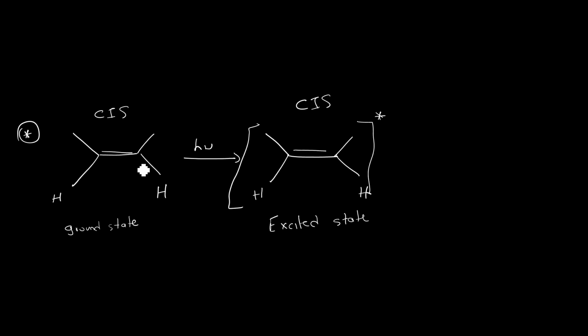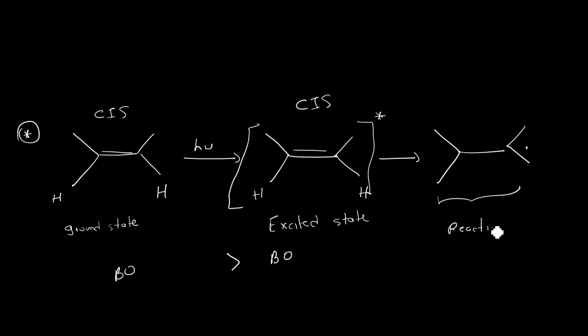When this excitation happens, when you draw the molecular orbital diagrams, which we have done in our previous video, the bond order for this pi bond in the excited state is lower compared to the ground state, which means in the excited state you have a weaker pi bond. This weaker pi bond can result in reactive intermediates. It can be radicals or react with another substrate, whatever. These are reactive intermediates.